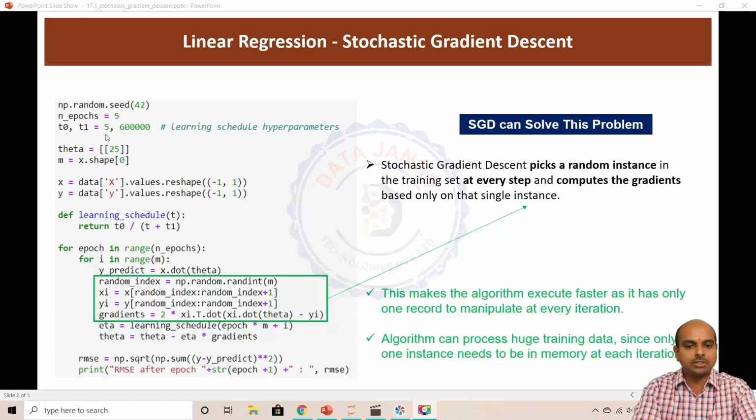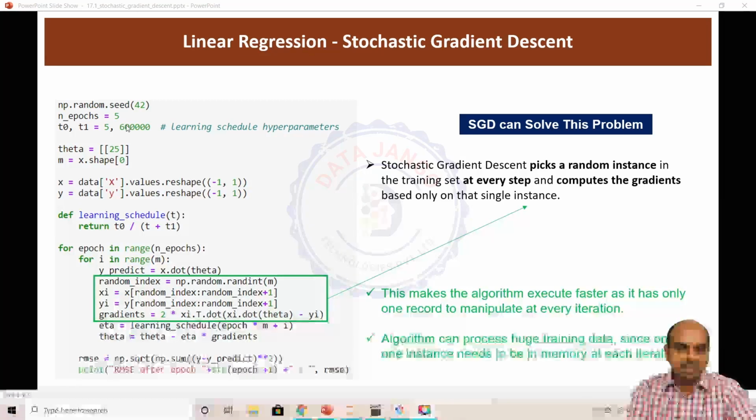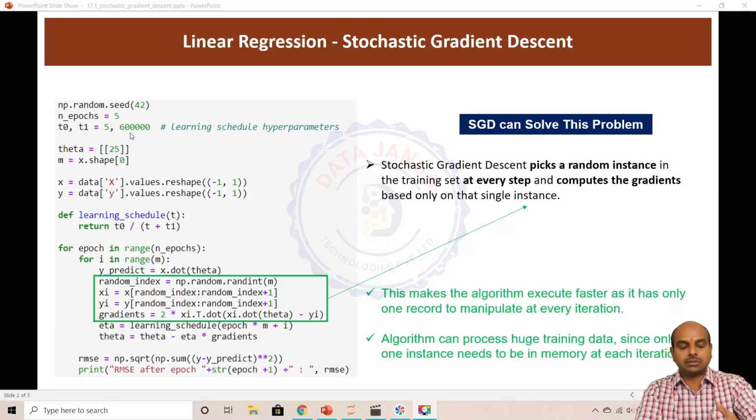See this, t0 is 5 and t1 is a big number, 600,000, right? The t1 value will get added with t, which means the denominator is going to increase a little bit with each iteration. When the denominator increases, the return value reduces, so the learning rate reduces with each iteration in stochastic gradient descent.